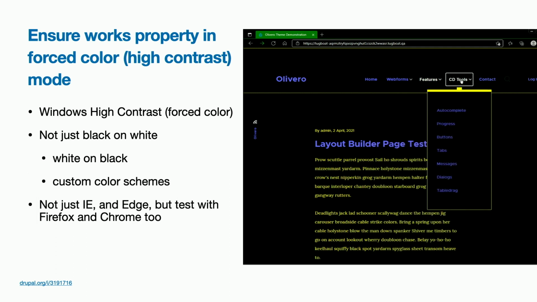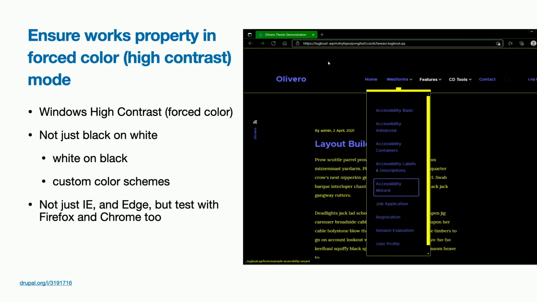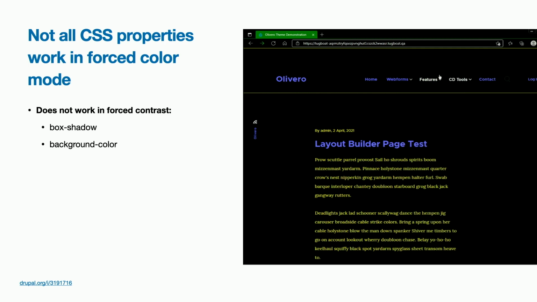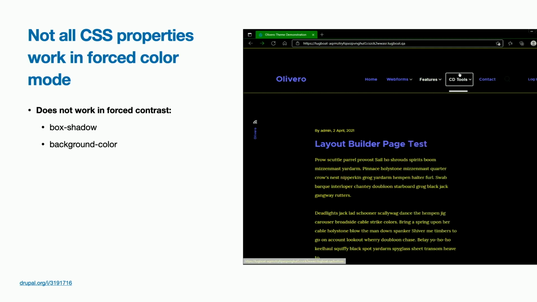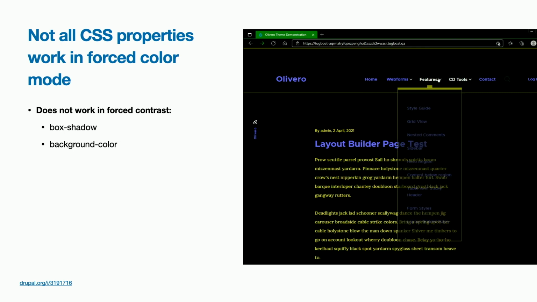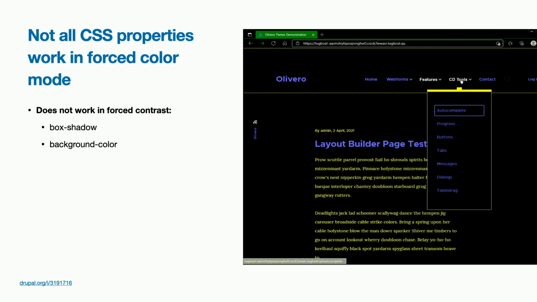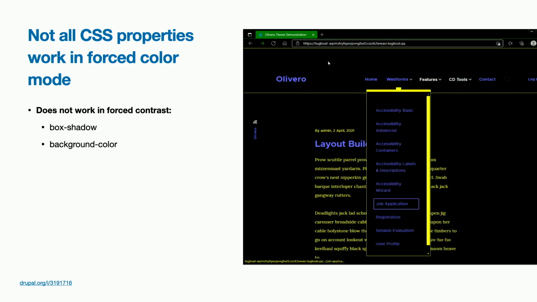It's not just Internet Explorer and Edge, but we also did testing with Firefox and Chrome in this. And I can talk your ear off about forced colors. Not all CSS properties work in forced colors. Like I said, background color and box shadows, they will go away. If you're using box shadow to set focus states, that's going to be an issue because that's going to go away. You need to test this so you can find stuff.